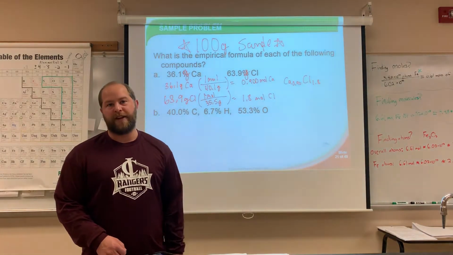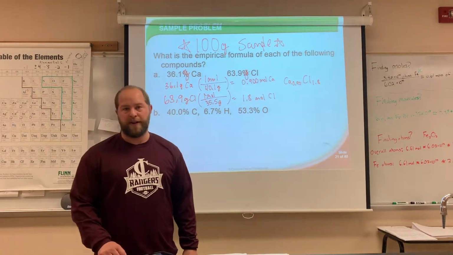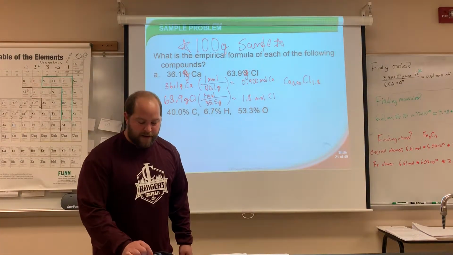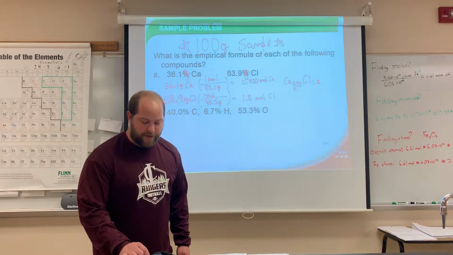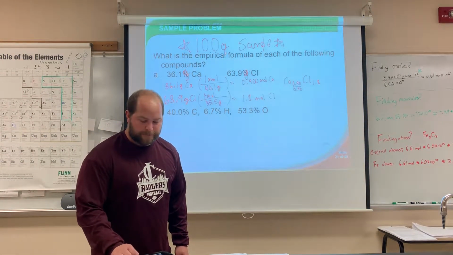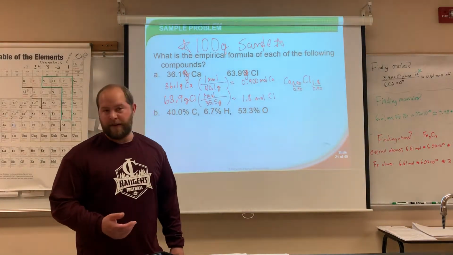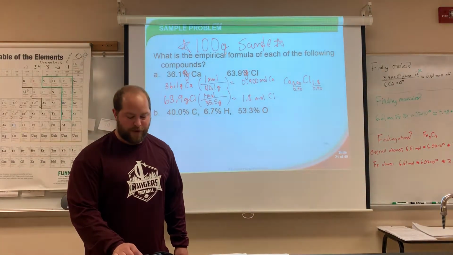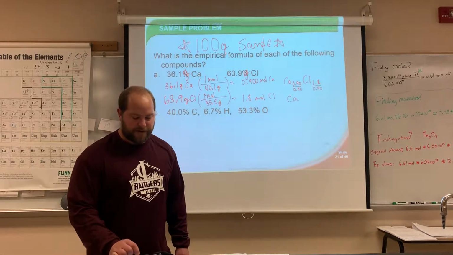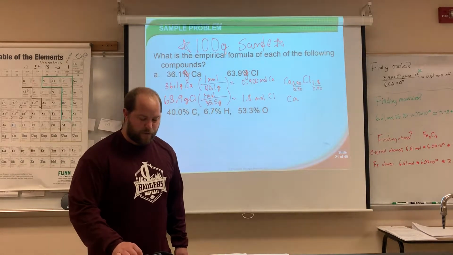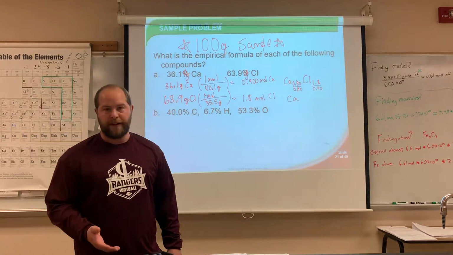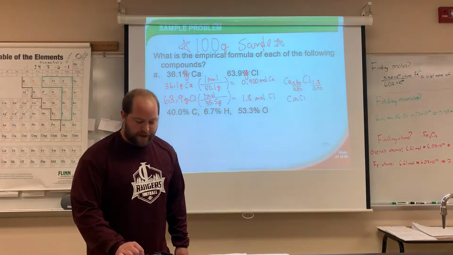It's 1 calcium to 2 chlorines. If you can't see that, then take the final step, divide by the smallest number, and that way it'll give you a simple whole number ratio of 1. So you're going to get calcium 1, right? And then 1.8 divided by 0.9, that'd be 2.